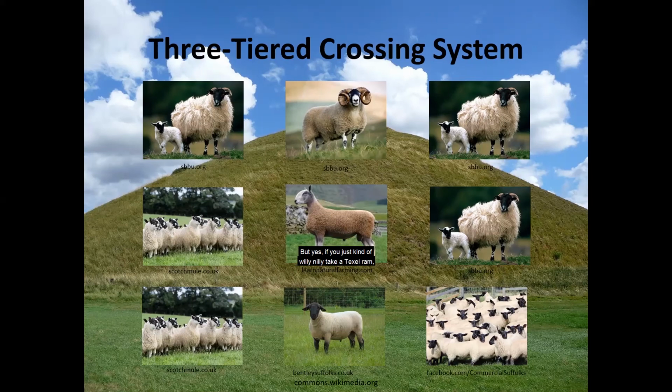So there are ways to build that into the system by design so that lambing ease is not a big problem, or not as much of a problem. But yes, if you just kind of willy-nilly take a Texel ram and breed it to a Shetland, as a designed crossbreeding system, you're probably likely to create some dystocia issues from that.